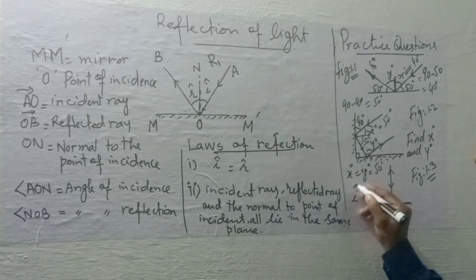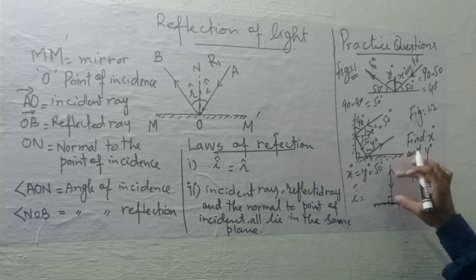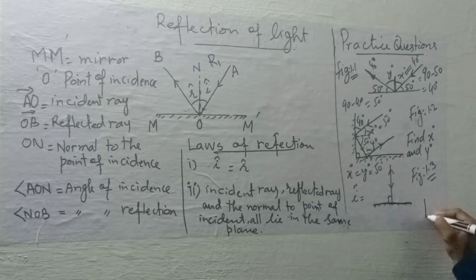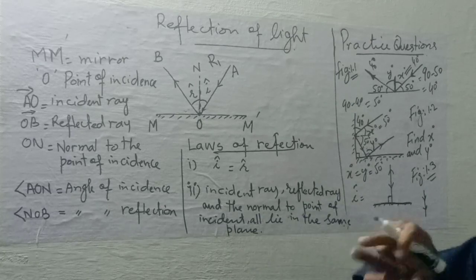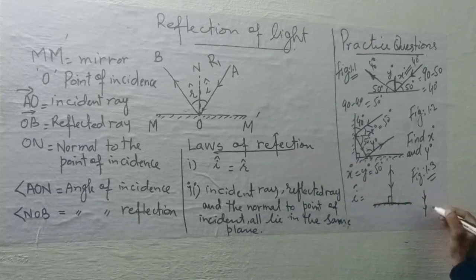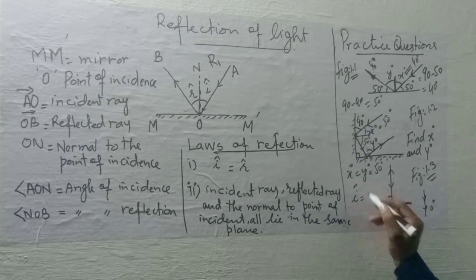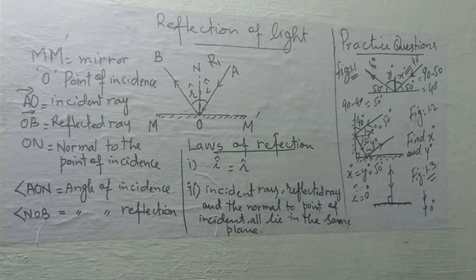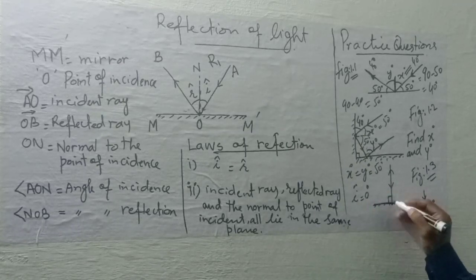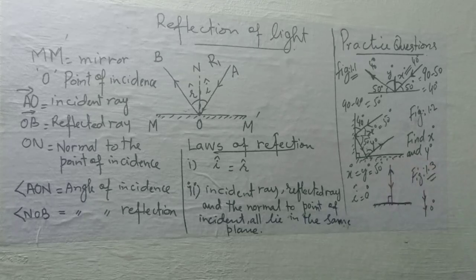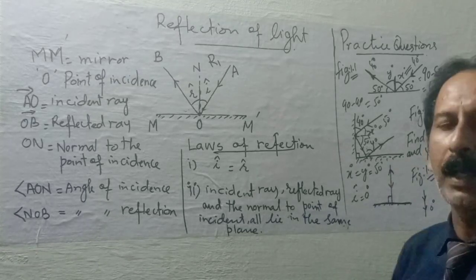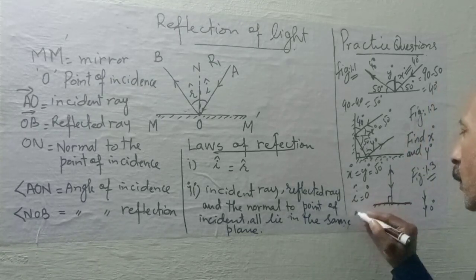As we see here, since these two lines, the normal and the incident ray, are overlapping each other, the angle is 0 degrees, so the angle of incidence is 0 degrees. So obviously the reflected light ray will also bounce back at the same angle of 0 degrees.